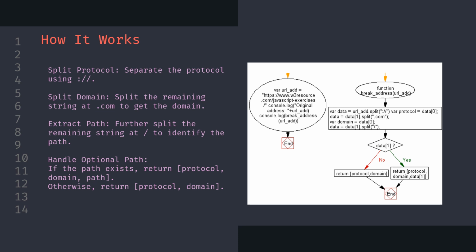If no path is found, it simply returns an array with the protocol and domain. Otherwise, it includes a path in the result. This logical breakdown ensures that our function works for a wide variety of URLs, whether they include a path or not.